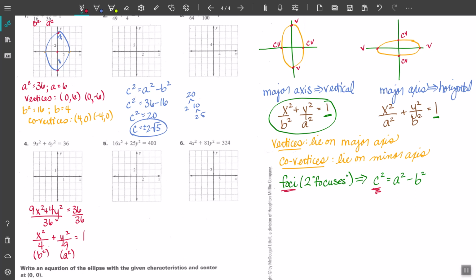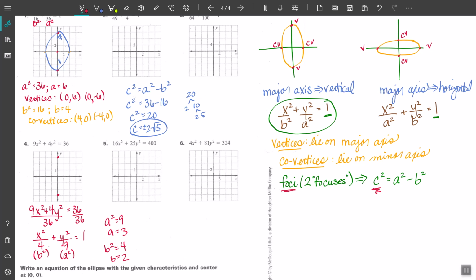If I look over here at the 2 standard form equations, I can see that again, I've got my a squared under the y squared term, and so that's going to mean my major axis is going to be vertical. So a squared is 9. That means that a is 3. So from my origin, I'm going to go up and down 3 units. And then my b squared is 4.